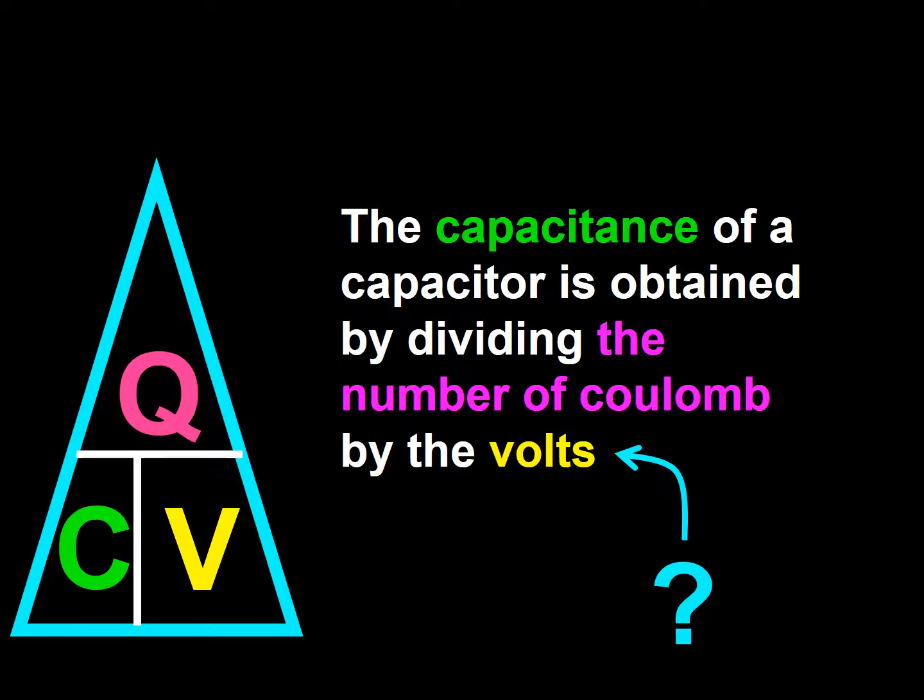It is important to understand that when we talk about volts in this formula, we refer to the volts in the capacitor and not in the battery. They are not always the same value, at least they are not the same value all the time. I will show you.